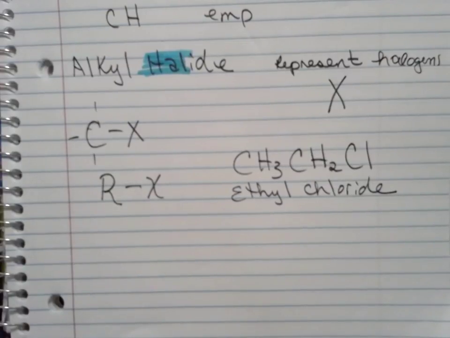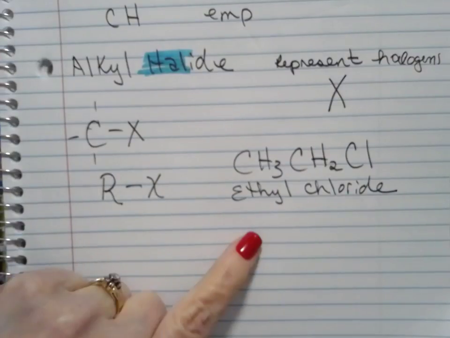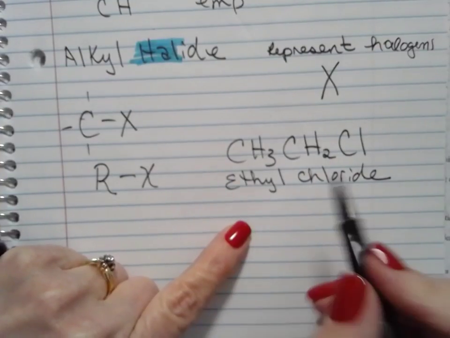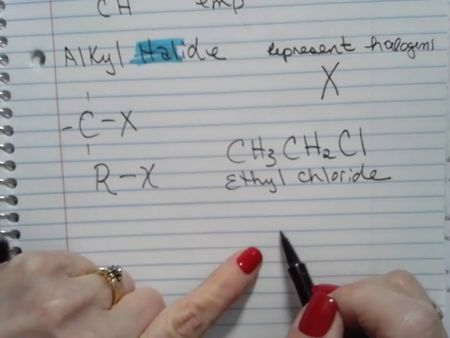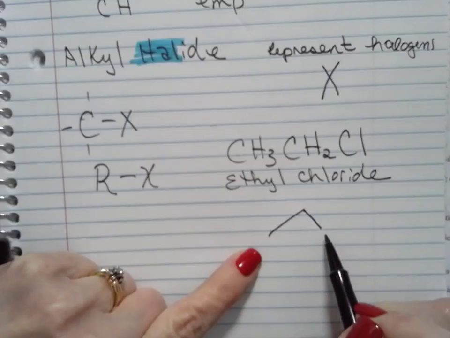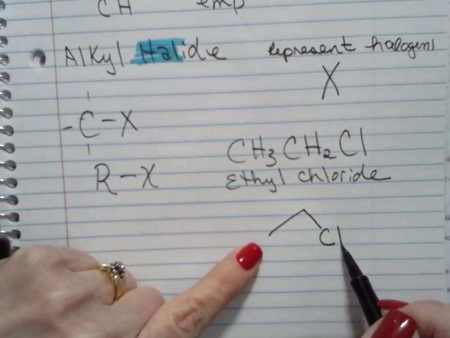All right, I'm going to start pointing out something else to you that I'll be doing. Your book does it too, but it's more obvious when I do it than when your book does it. That is with the line structures. Notice that it can be a little bit confusing to an untrained eye.